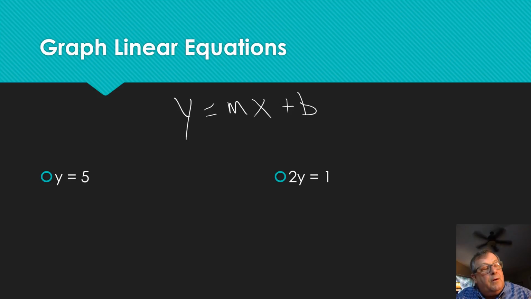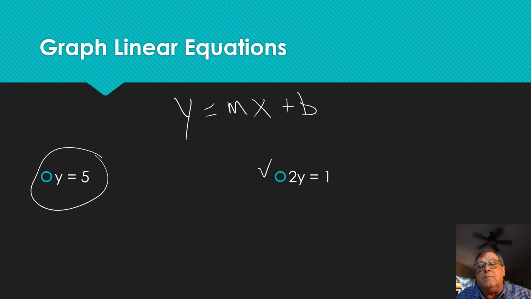Now, in the last video that I did, I used a little symbol of a graph paper. This time we're going to graph it on the calculator. But I can see in this equation over here on the left, y equals 5. Well, I'm in good shape there. I got y by itself. But on this equation right here, I got 2y equals 1. And in order to graph this, I'm going to have to get y by itself.